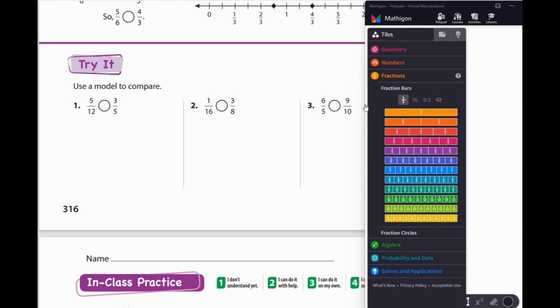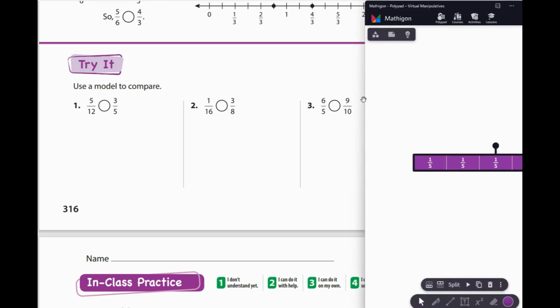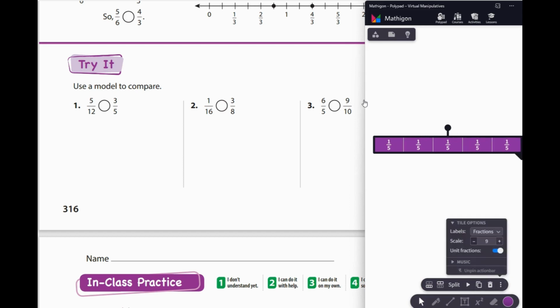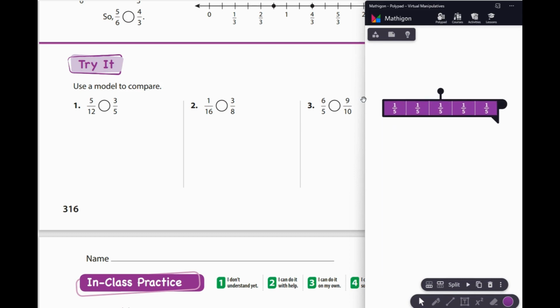The other way, all right, is using our fraction tiles. If I had fifths, let's look at my fifths. Here are my fifths. All right. Let me go ahead and minimize that so you could see it better. Okay, so I have 5/5. Right. I have 1, 2, 3, 4, 5. 5/5.